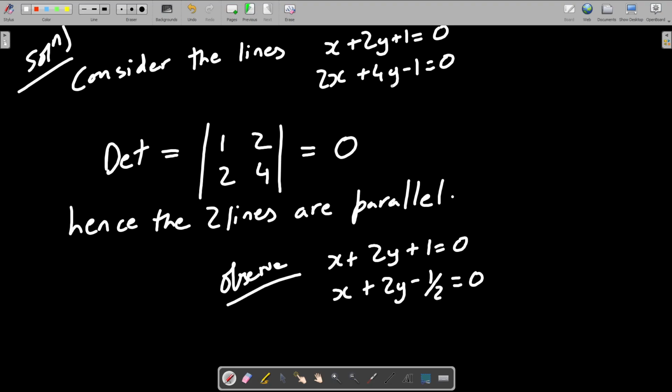So 2 becomes 1, 4 becomes 2 and 1 becomes half, and 0 by 2 is 0 only. So this is what I get. So what is the common part between both the lines? x plus 2y. Okay, so what I'm going to do is let x plus 2y be equal to z.